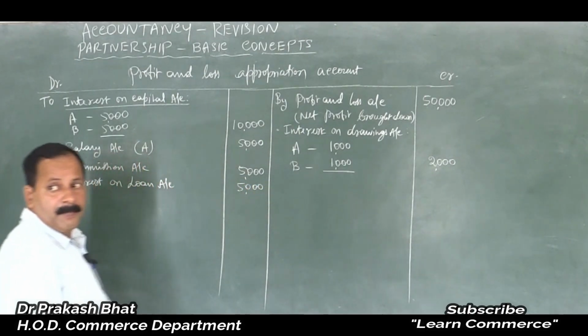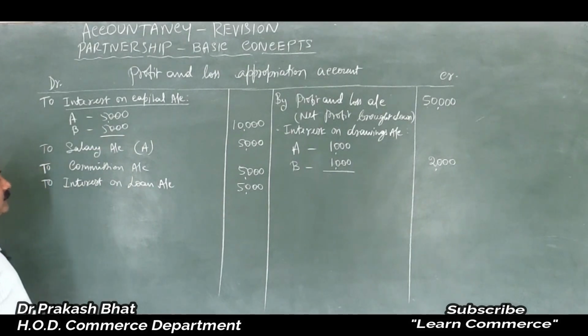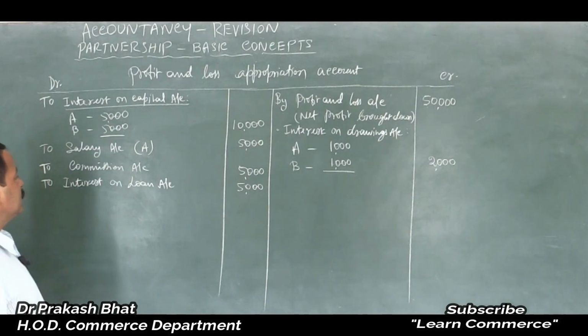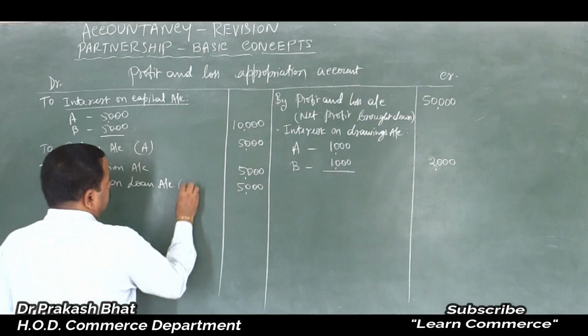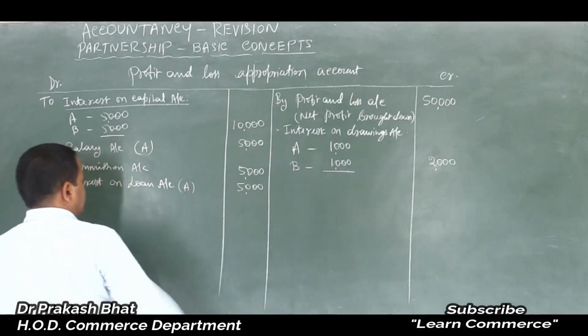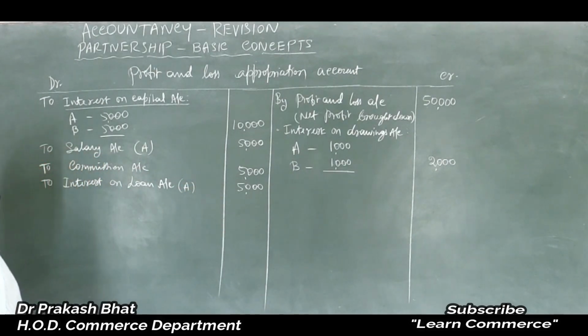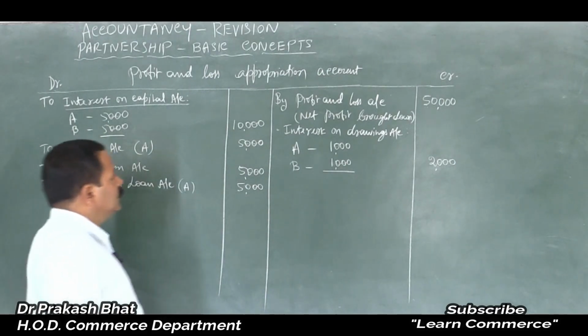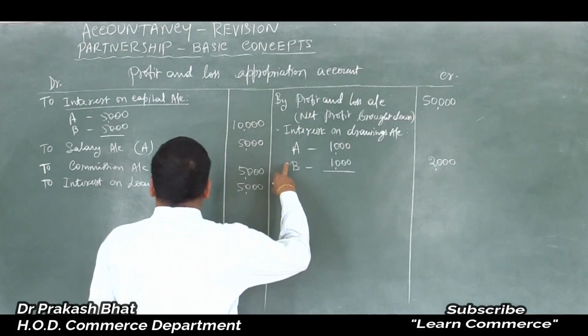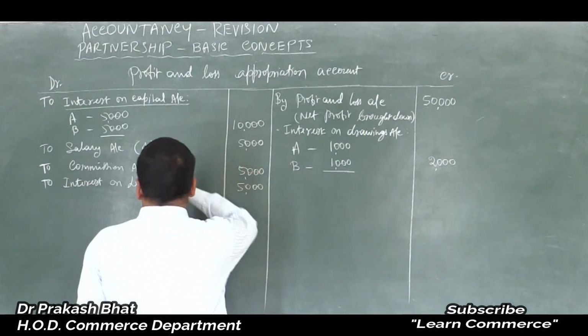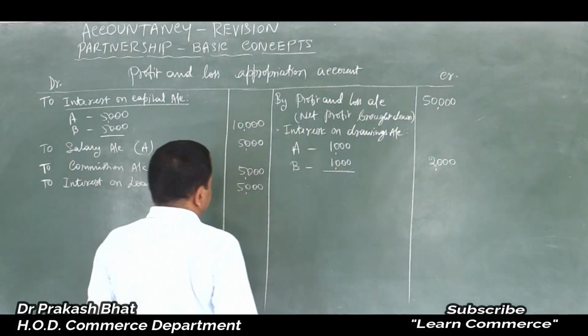Enter interest on loan; suppose it is only to be provided to A. Yes, that's all. So we have interest on capital, interest on drawings, interest on loan, commission, salary, isn't it?